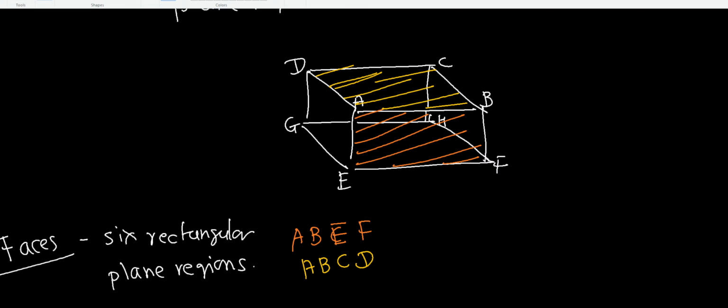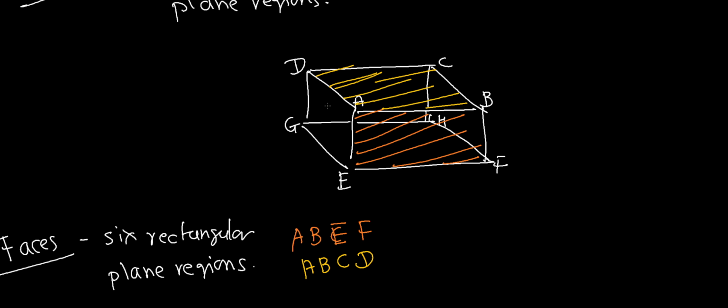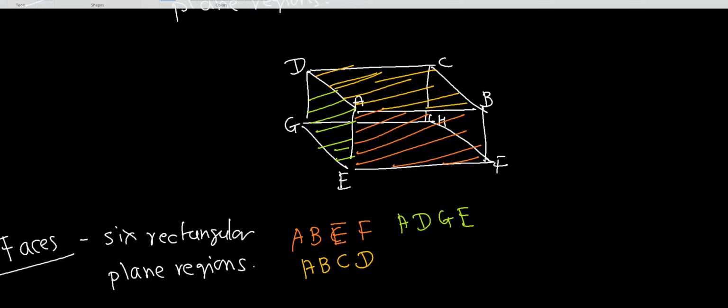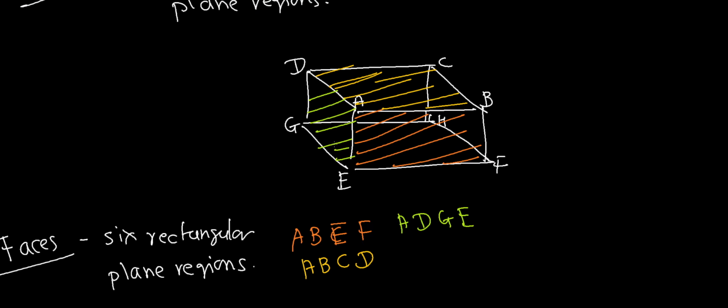Then this one, this face is A, D, G, E. Now the bottom face, it will overlap the colors, but we'll do somehow.